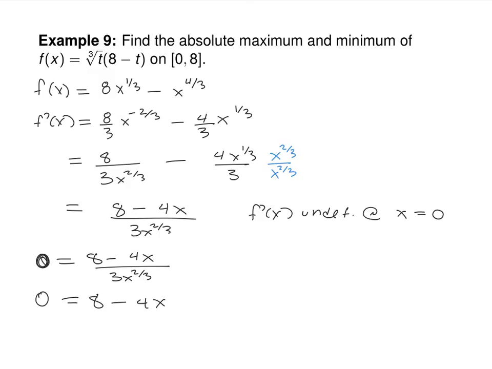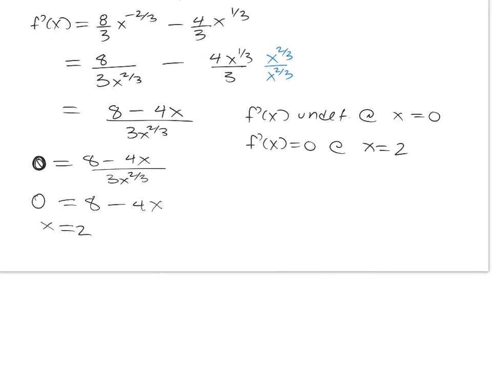I think it's 2. Do you get 2? Yeah. So f prime equals 0 at x equals 2. So you have 2 critical numbers. One of them happens to be your endpoint. It would have been more clever of me to make the interval -1 to 8, so you would have had to test more things. Okay, and then plug them in.